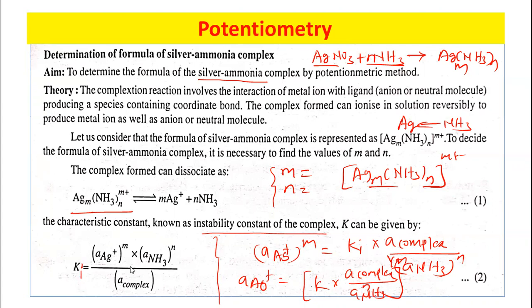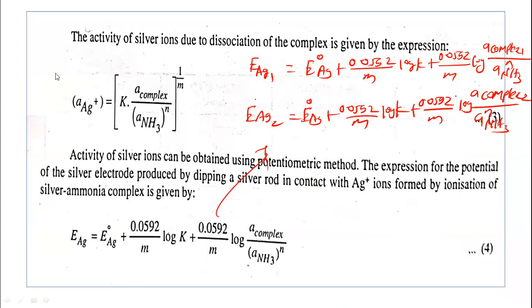According to this, we can determine the activity of the silver ions. The activity of the silver ion is equal to [K times the activity of the complex divided by the activity of the ammonia molecule raised to power n] raised to 1/m.